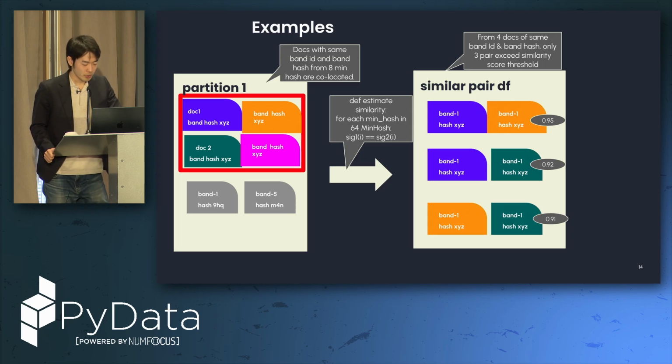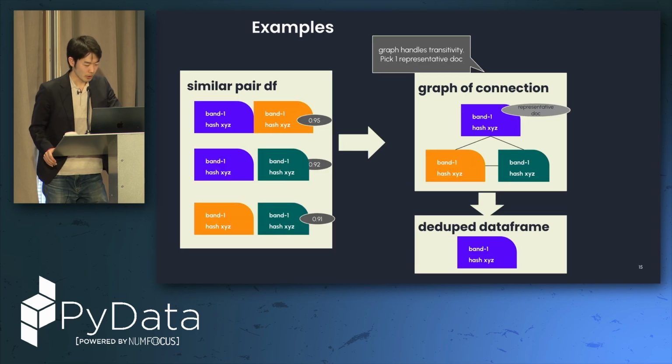After estimating Jaccard similarity, we're going to have a similarity score for each pair, and then we can drop any pairs that are under the user-defined threshold, such as 90%. In this example, let's say from 4 document pairs, only 3 of them are above this threshold: purple, orange, and green. For each pair, we're going to create the graph connectivity.